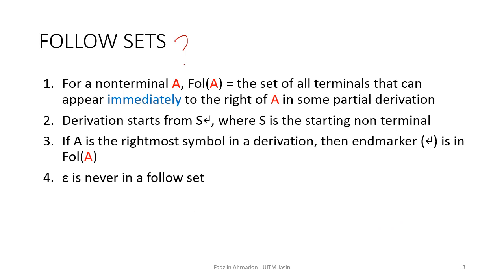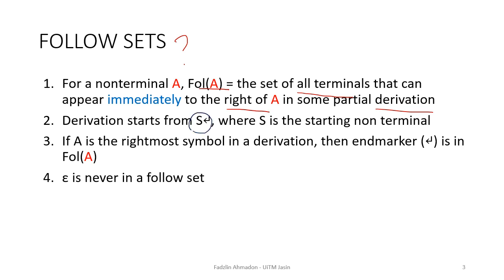The follow set of non-terminal A is all terminals that can appear immediately to the right of A when we do derivations. And just like all derivations, we start with the starting non-terminal.